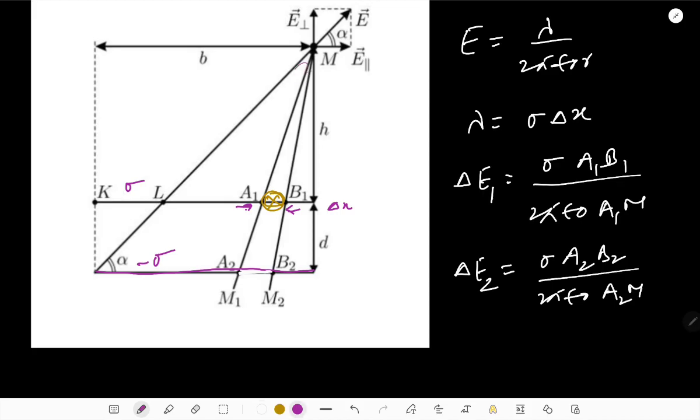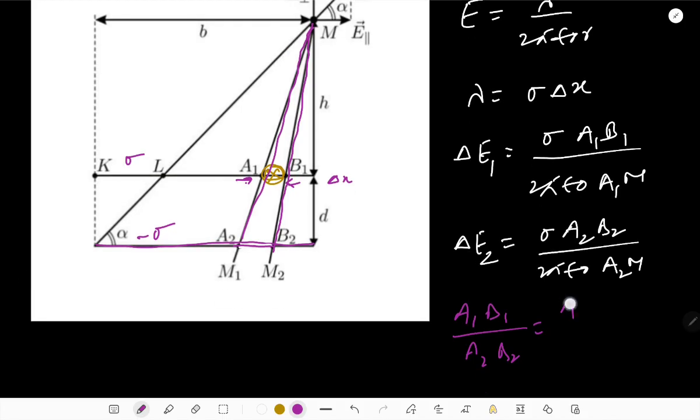If you recognize this triangle M with A1 and A2, you can see here that A1B1 divided by A2B2 is going to be equal to A1M divided by A2M.